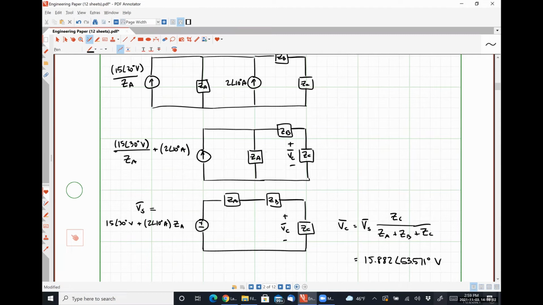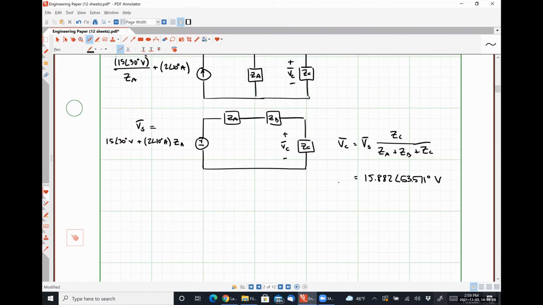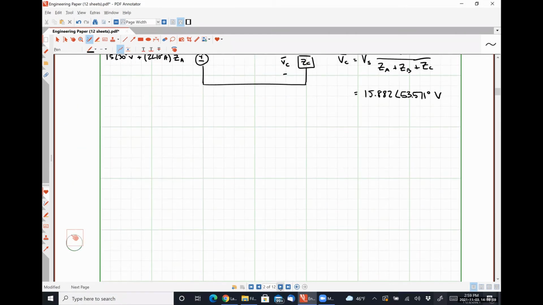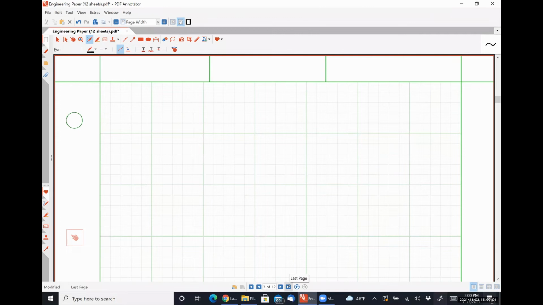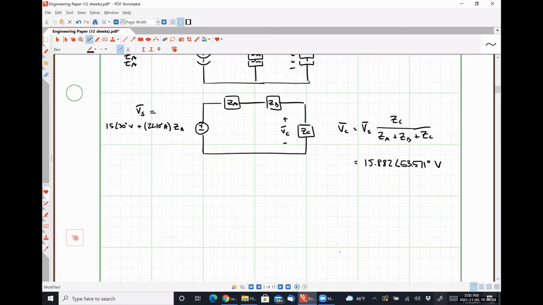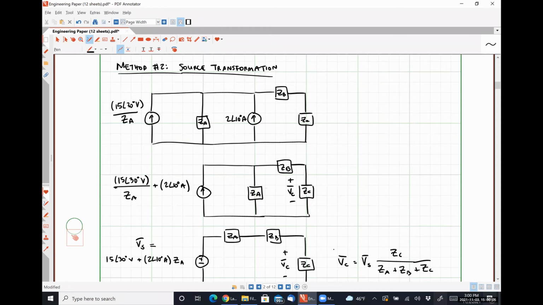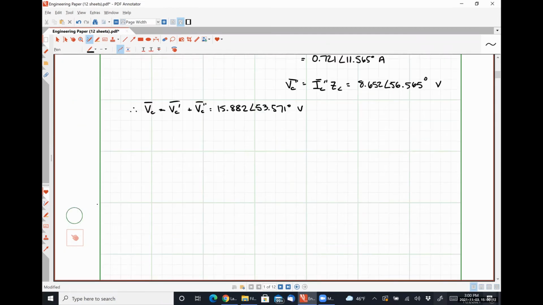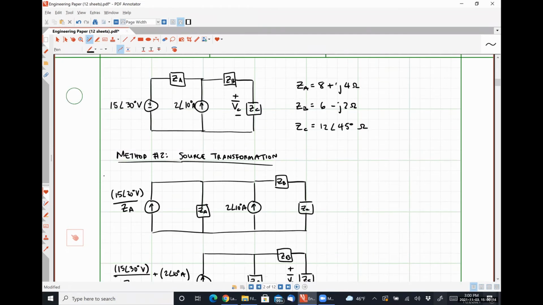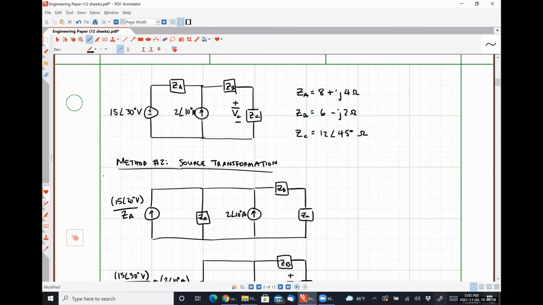All right. Let's do a method that's probably less intuitive, but very powerful. No, I converted the practical voltage source on the left containing the 15 angle 30 degrees voltage source in series with ZA into a practical current source.